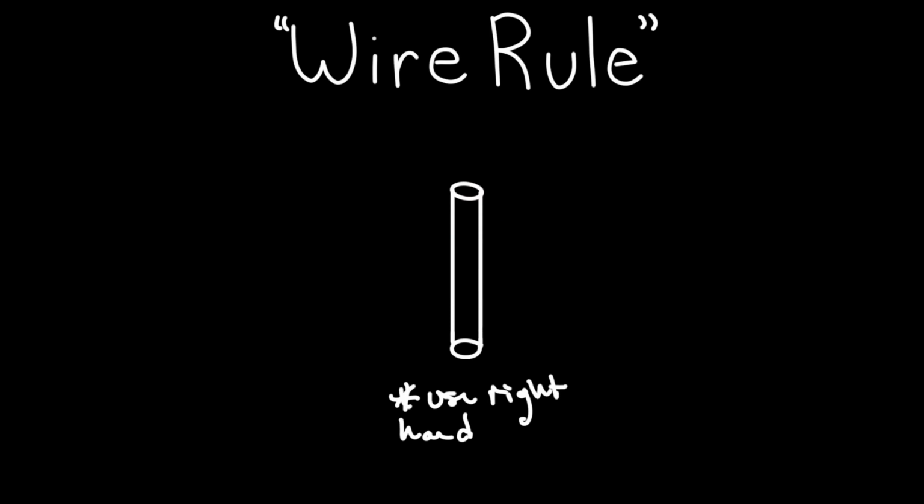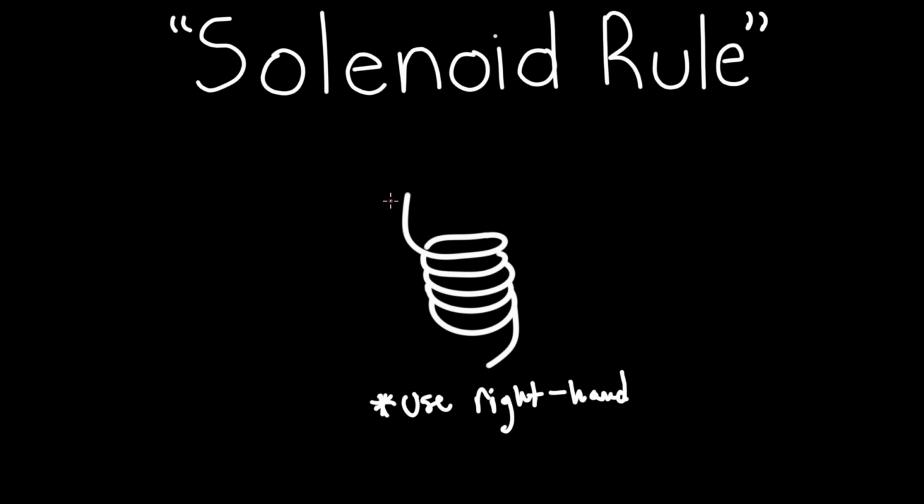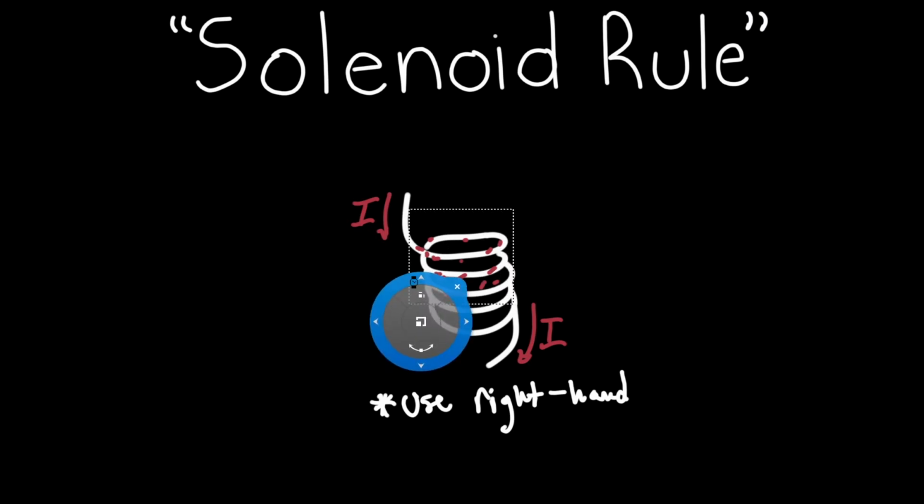The next thing that we need to know is for solenoids. So let's say you have current coming in this way through the solenoid. That means it's going to go all the way around, continue along, and then eventually come out this side. And so then the thing that we can do with this is, instead of using our thumb for the current direction, we're now going to use our fingers for the current direction.